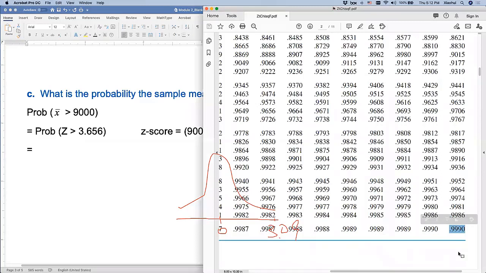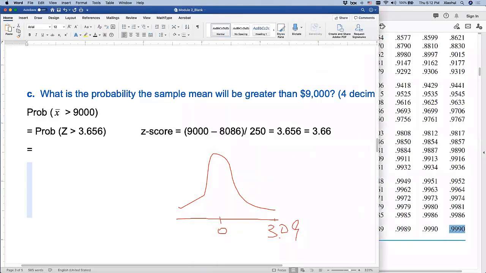The largest probability you can ever get in this table is very close to 1, 0.990. So that means the area to the left of 3.09 is almost close to 1.